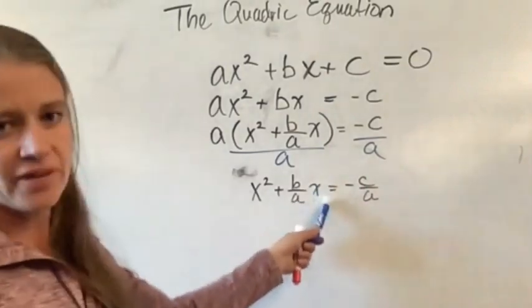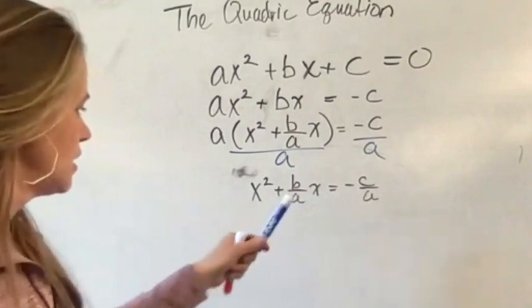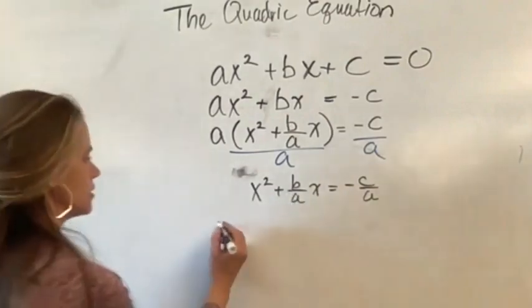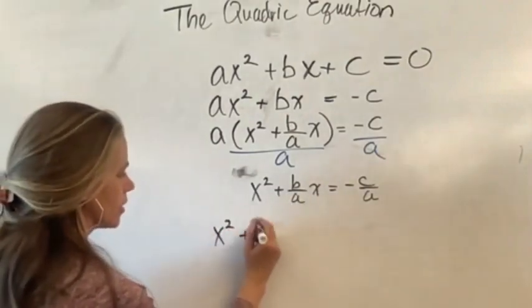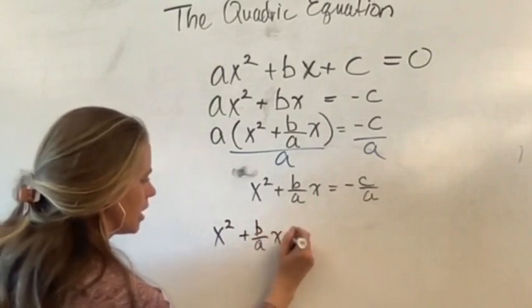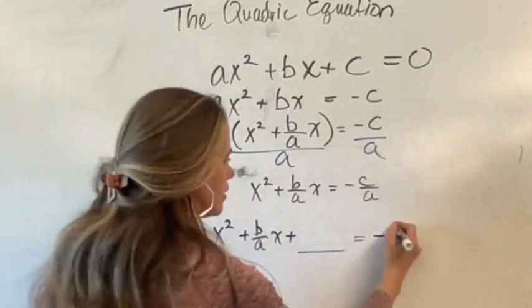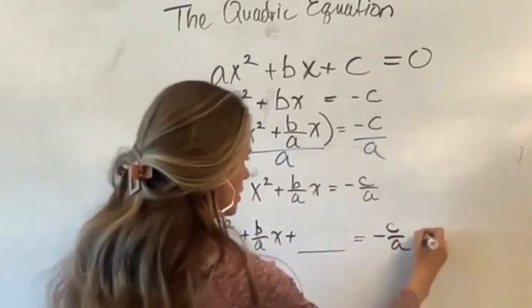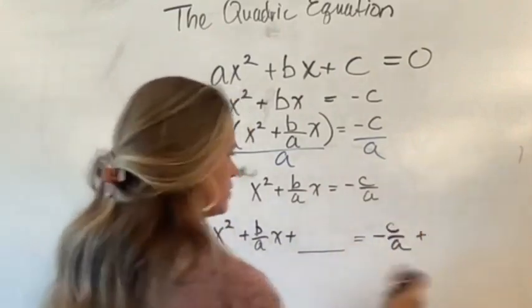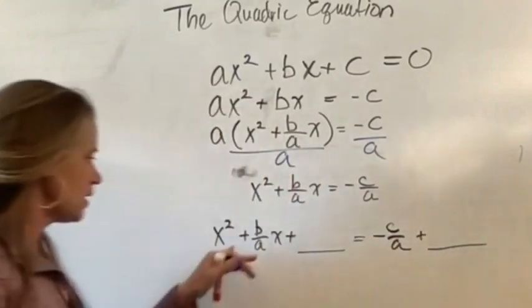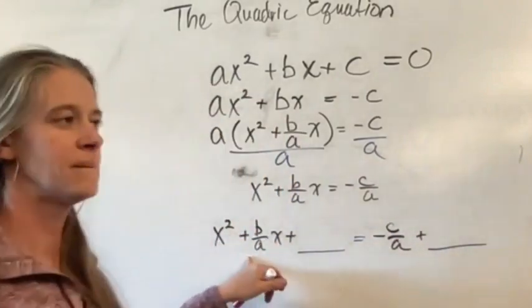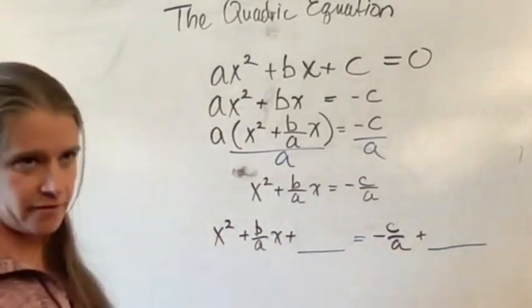Now I want to add this piece, right? What do I wish I had? So let's do that. x squared plus b over a x, plus I wish I had a, we'll keep this over here, plus I wish, and then of course I'm going to have to add it here. So b over a is a number, and I need half of that.